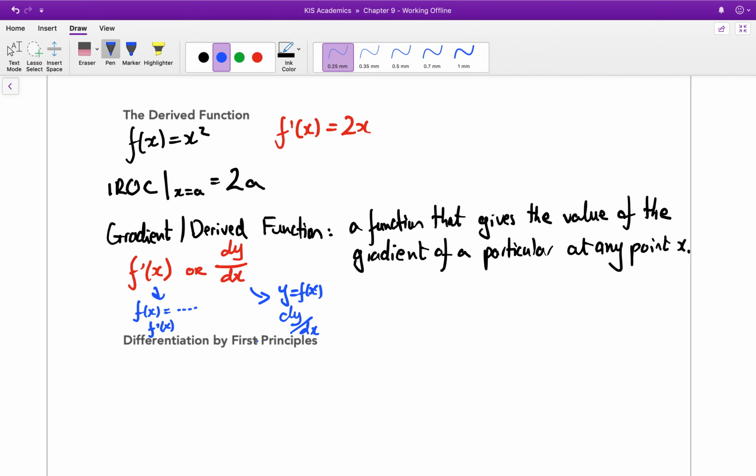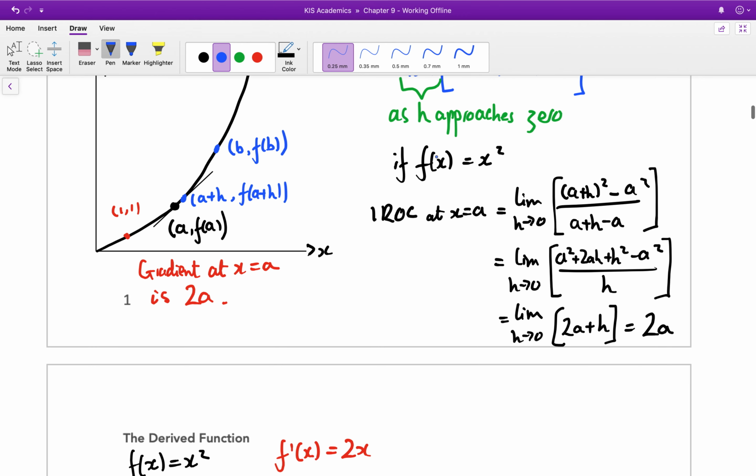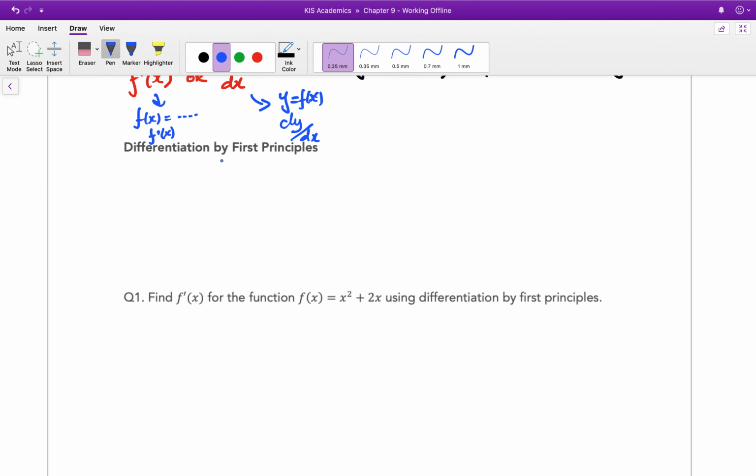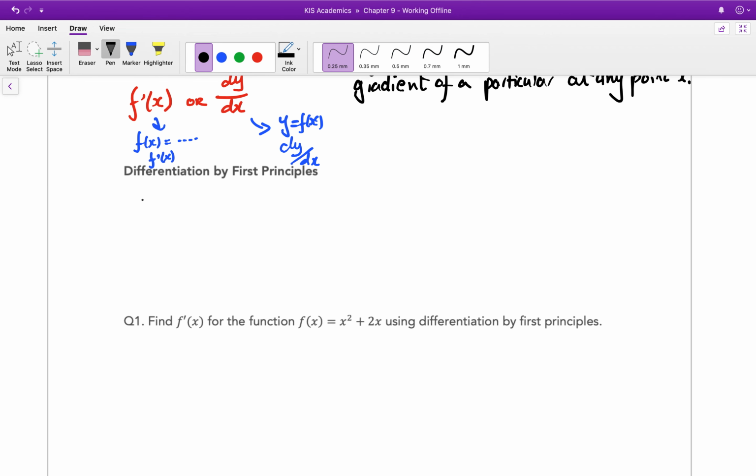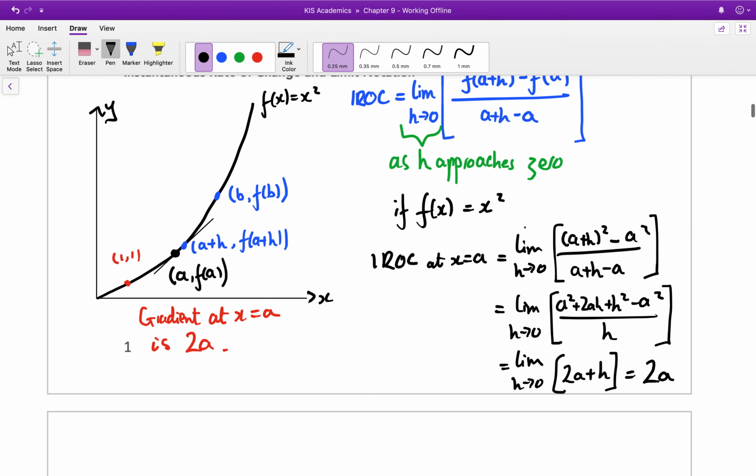Now, we've already touched on how to find the derivative function through this formula over here. And this is what we call differentiation by first principles. So differentiation by first principles basically just states that our gradient function f dash of x is equal to what we've done here.